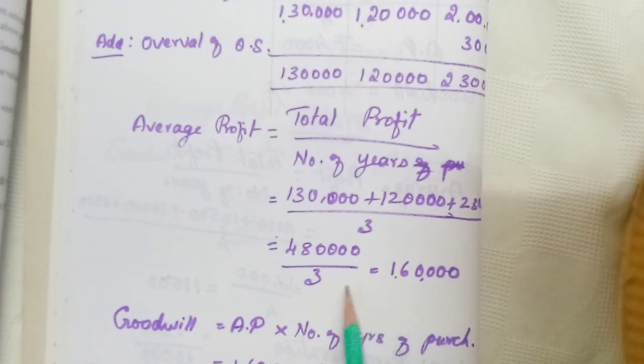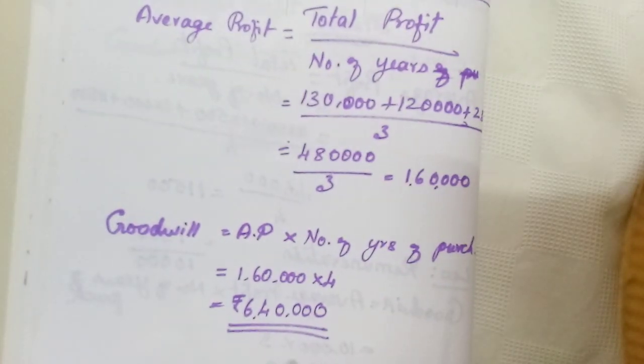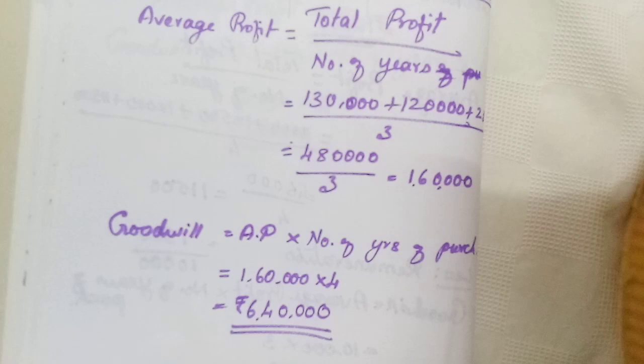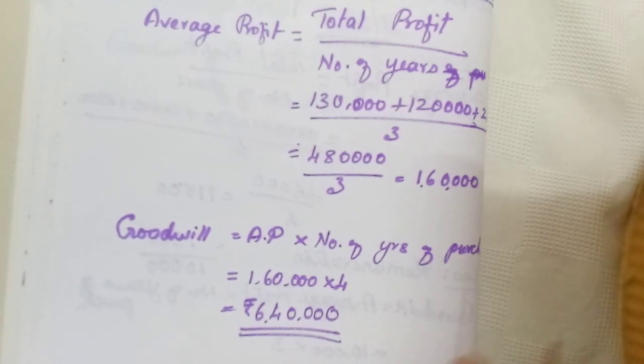We got the average profit. Then what is the formula for goodwill? Average profit into number of years of purchase. Average profit 1,60,000 into 4. So what is the goodwill? 6,40,000.